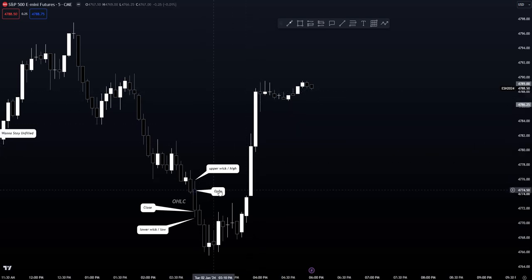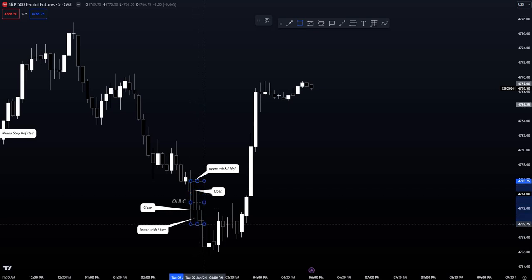For a bearish candle, instead of the open being at the bottom of the body, the open would be at the top of the body, and the close would be at the bottom of the body right here. And these are the 4 parts of a candlestick.